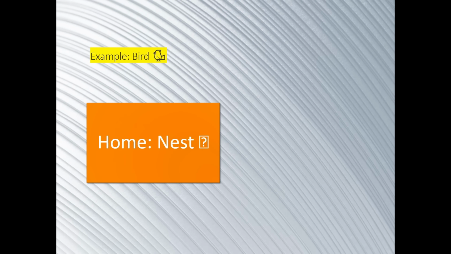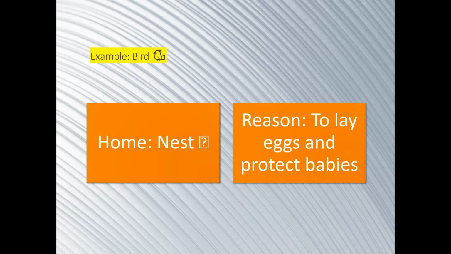Here is another example, bird. If they took a bird, they will stick its home as a nest, and the reason they will write is to lay eggs and protect babies, and the chart will be displayed on the wall.